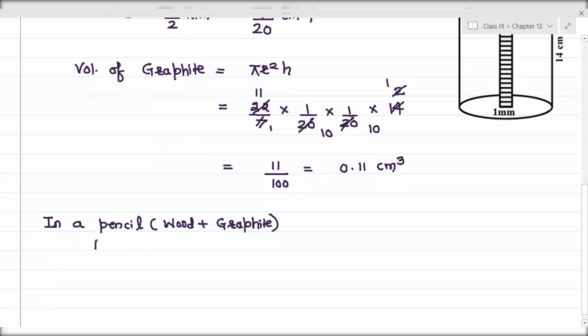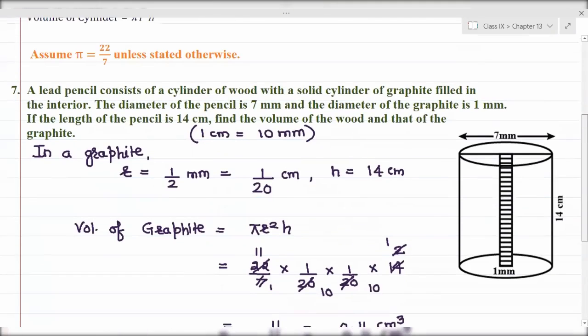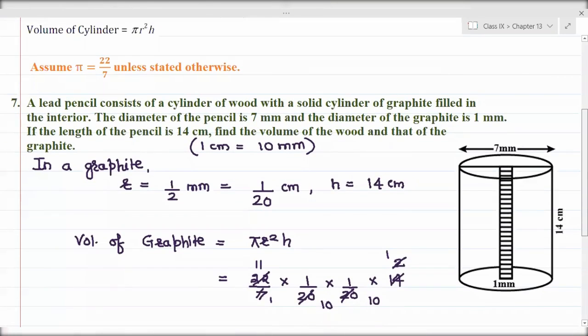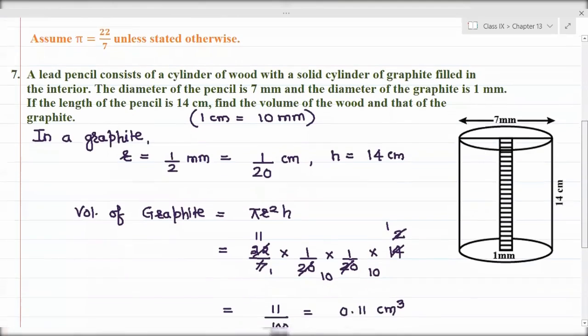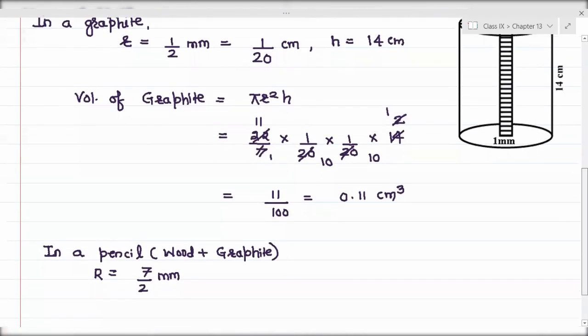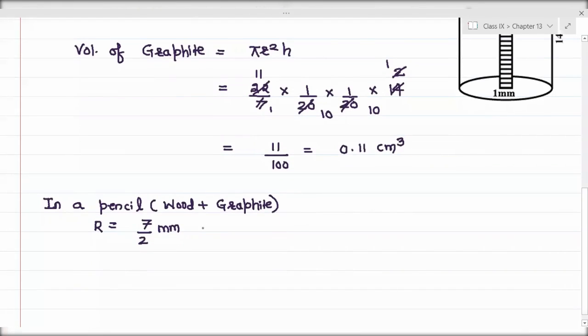So here radius will be equal to 7 upon 2 millimeter. Okay, you can check the diameter of the pencil is given in the question as 7 millimeter. You can check in the question, right? So here we can say that the radius will become 7 upon 2 millimeter, and if I convert into centimeter, it will be 7 upon 20 centimeter.